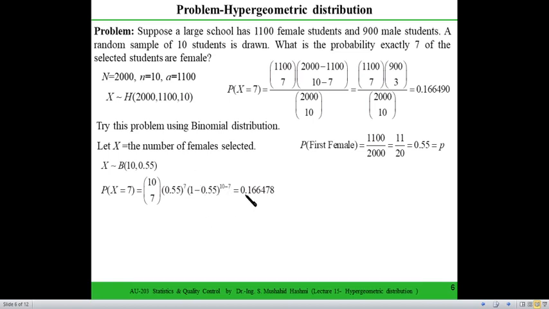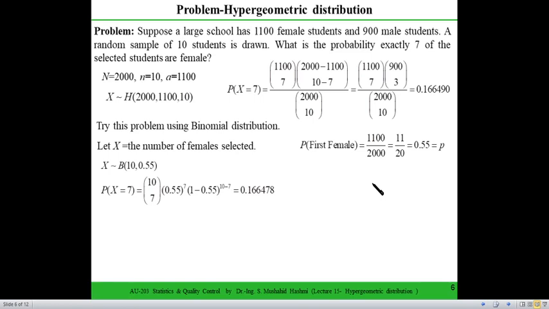I got this probability. As you see, this number is different from the earlier number, so there is some variation, but up to the first decimal digits, 16.6, you can see that the numbers are exactly the same, but afterwards it is different.